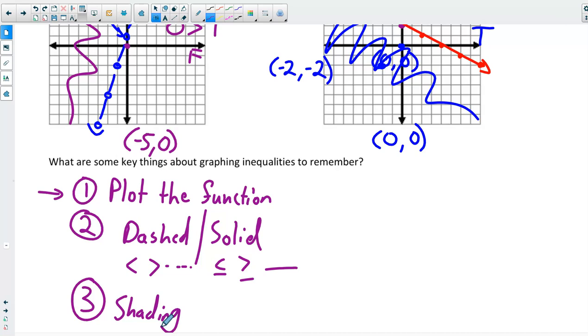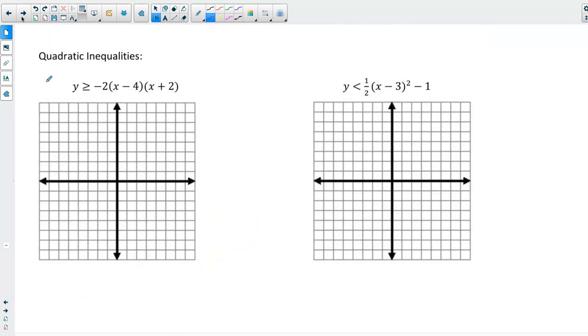All right, drop them down. All right, number 3. Talk to me. What form is that in? What is it, Eli? Factored form. Good. So it is in factored form. Folks, if it's in factored form, you have 2 zeros right in front of you.